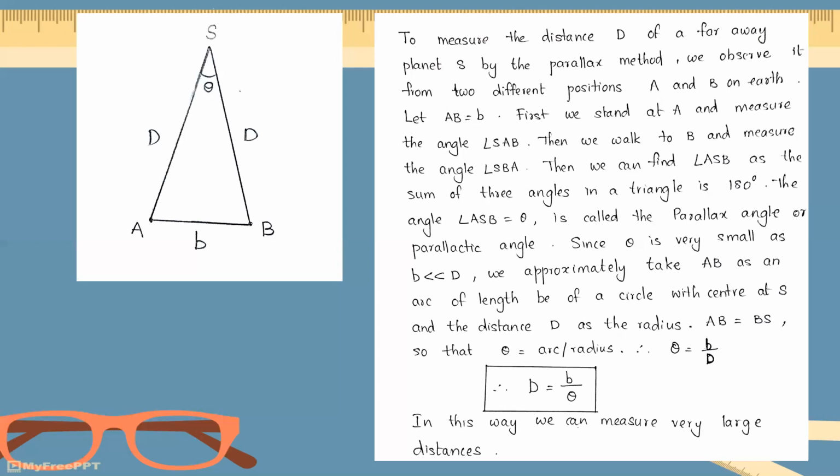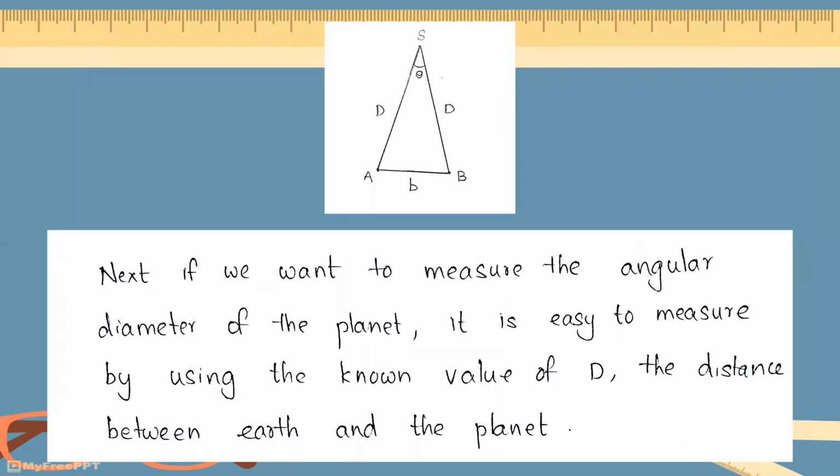Then theta is equal to arc by radius, theta is equal to small b divided by capital D, therefore capital D is equal to small b divided by theta. In this way, we can measure very large distances. Not only that, we can also measure the diameter of a planet. For example, if you want to measure the diameter of a planet, that is also possible using this method.